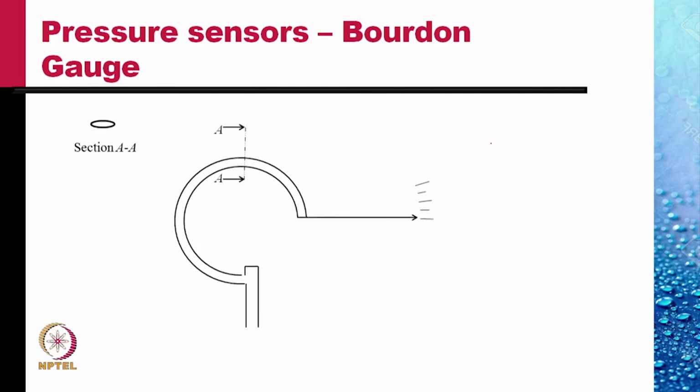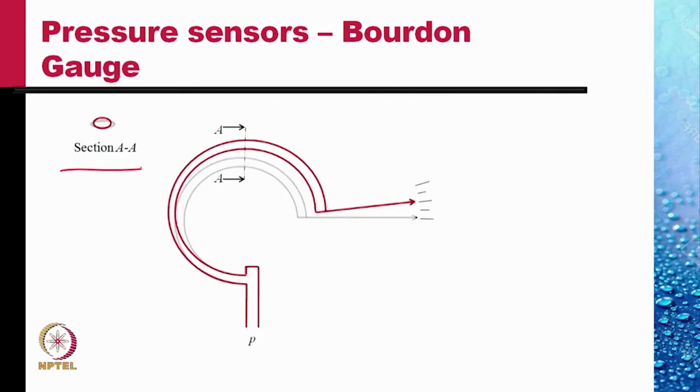This we show here. We have shown a curved tube with an oval section shown here. As we apply a pressure P at this end, the cross section of the tube tends to round out as shown here, and as the section of the tube changes, the curvature of the tube decreases, its radius increases, so it expands out.